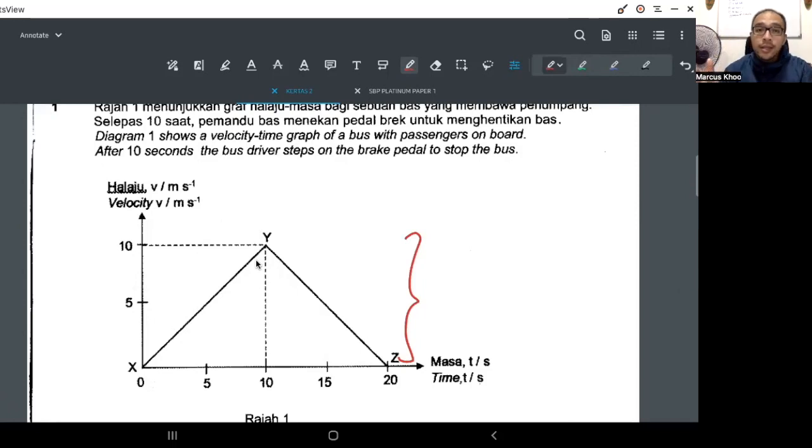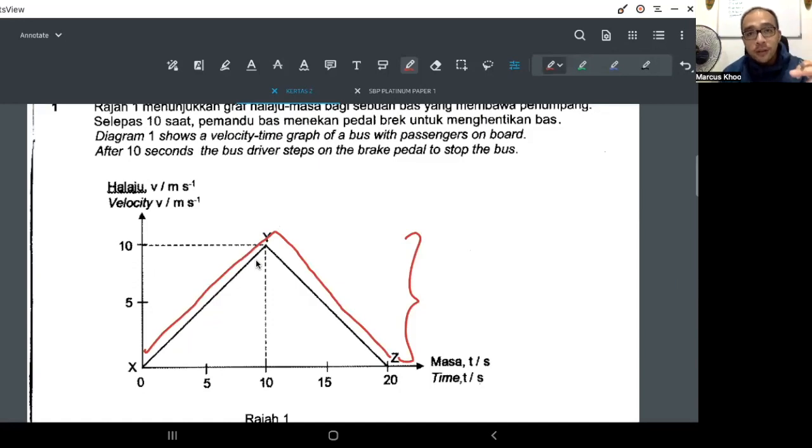Only when the velocity hits a negative value, then it is moving to the left. So you need to imagine this case as the object moving to the right with increasing velocity and then continually moving to the right, but with decreasing velocity. Okay, so that's the first thing you need to remember.